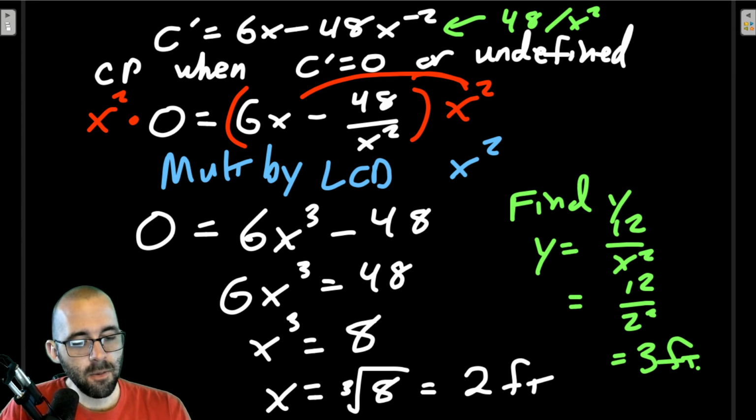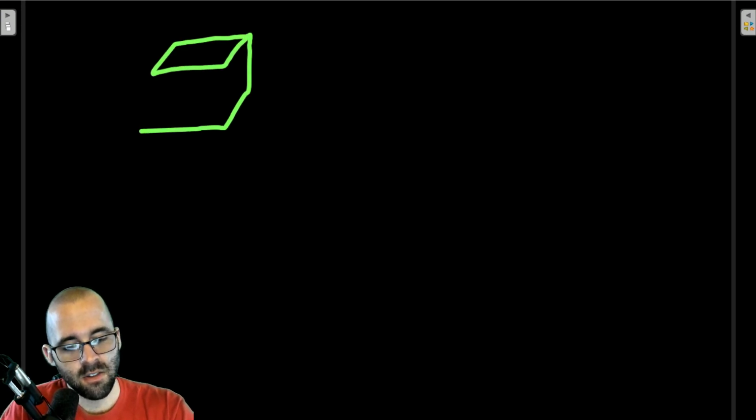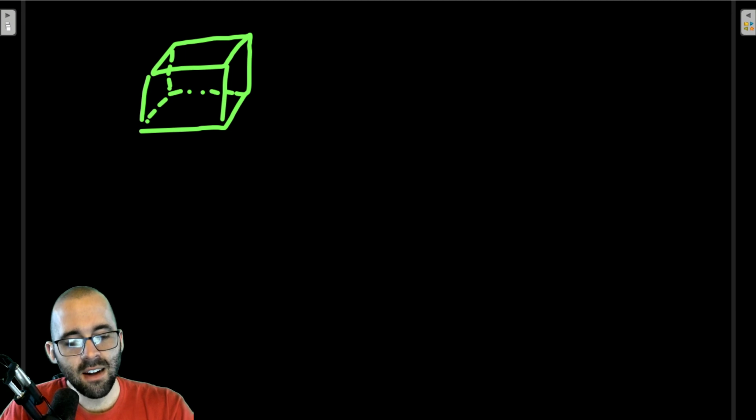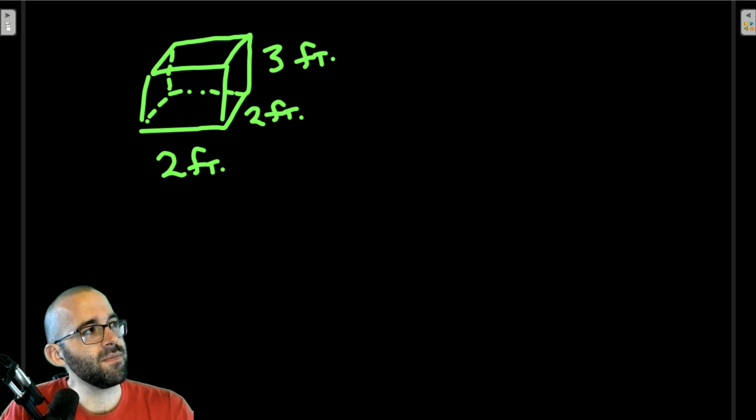So we are basically done. We have a box, just like before, which is now green, apparently. Maybe not just like before. And the base is x, which we said was 2 feet. The width, well, it's a square base, so this width is also 2 feet. And the height is y, which we said was 3 feet.